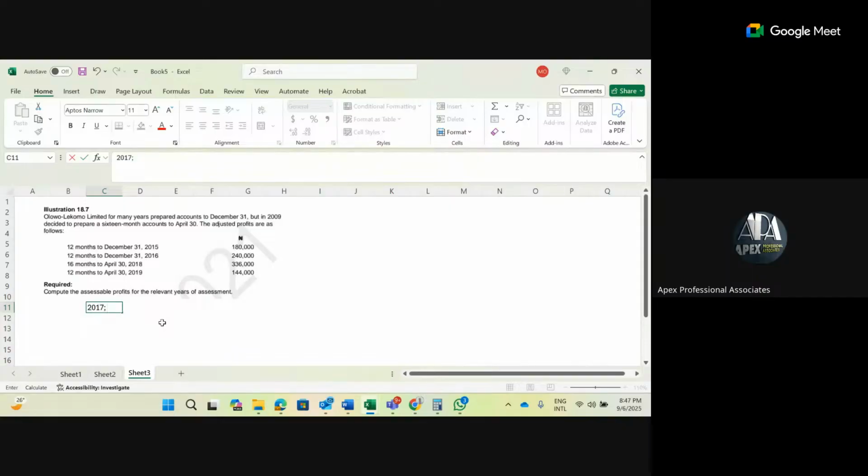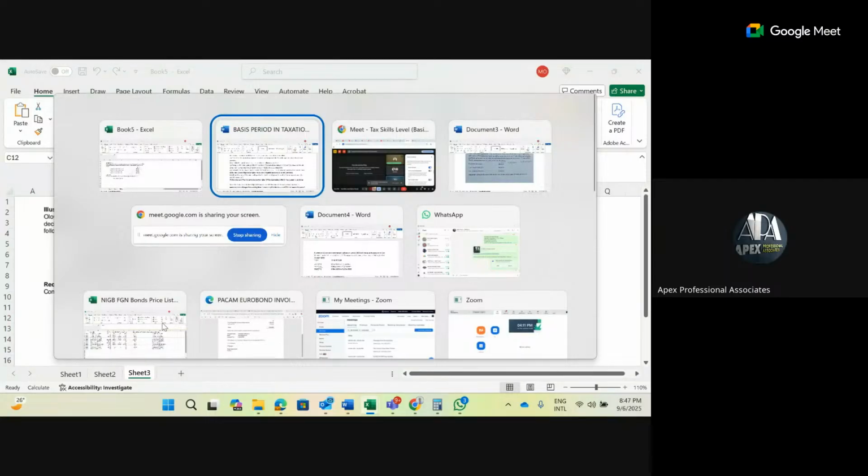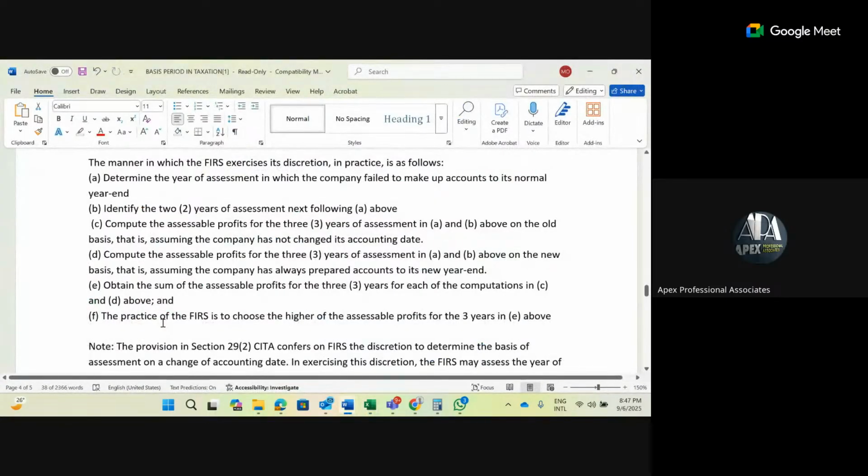They are 2018 and 2019. We have gotten our rule A, we have gotten our rule B.